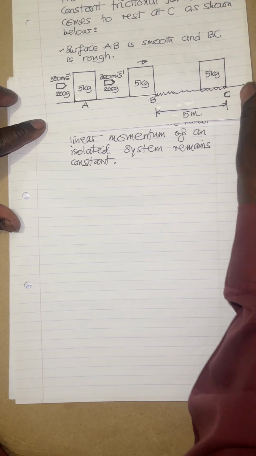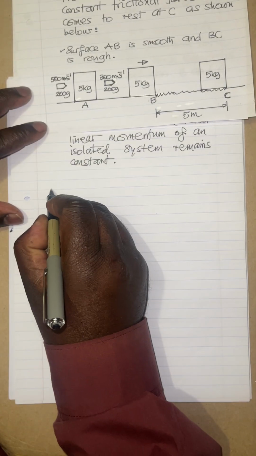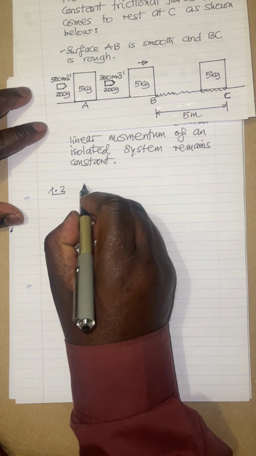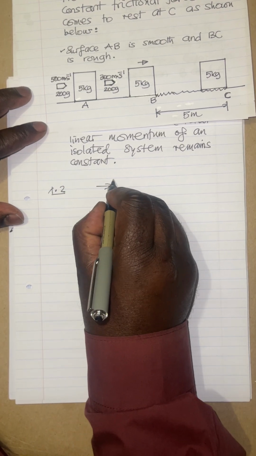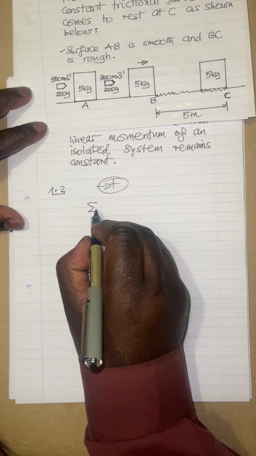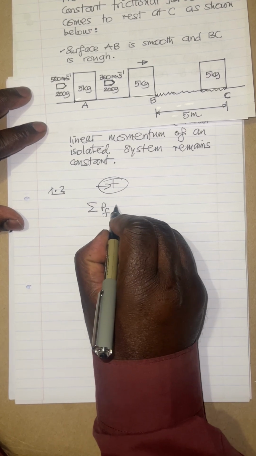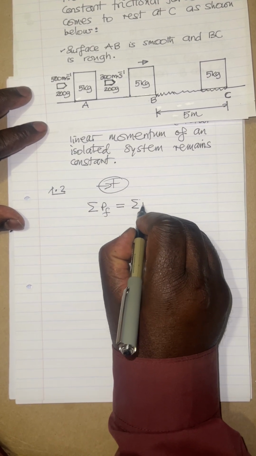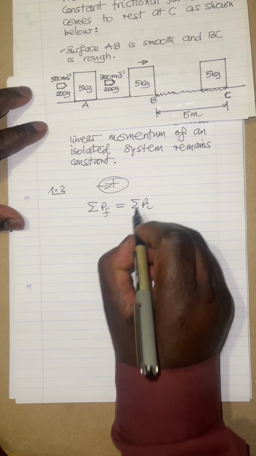So I'm now going to say 1.2. I'm going to say right as positive. That's the first thing you need to do. And then you say total final momentum equals total initial momentum. That's the law of conservation of linear momentum.